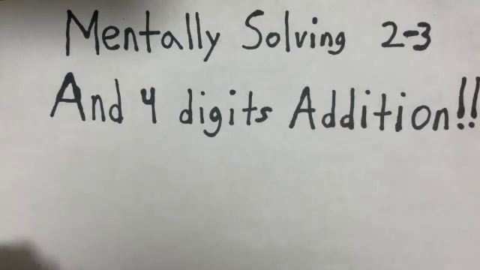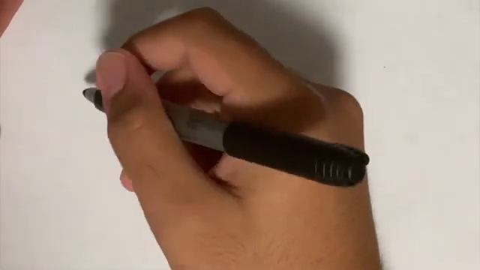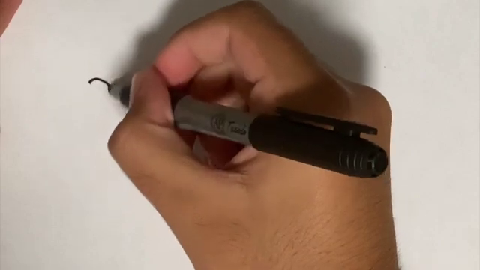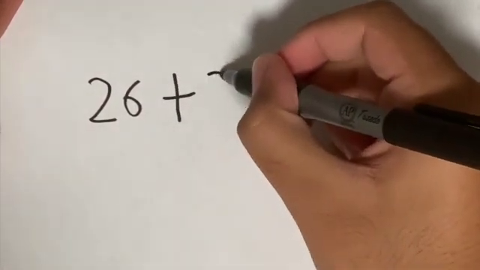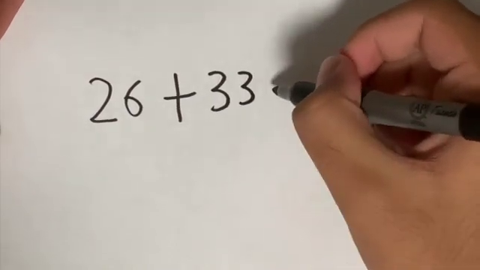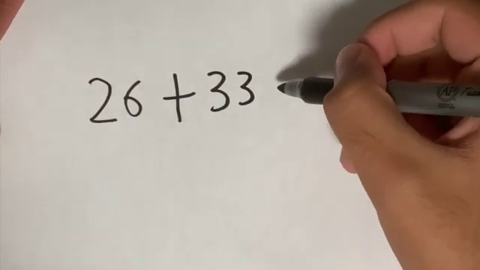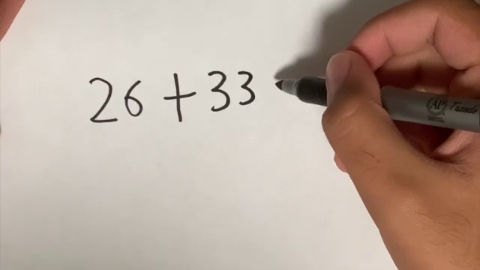Starting off with 2 digit addition, since that is easy. Let's say for example, I have the addition 26 plus 33. What does this equal?